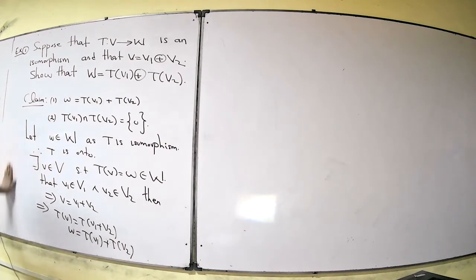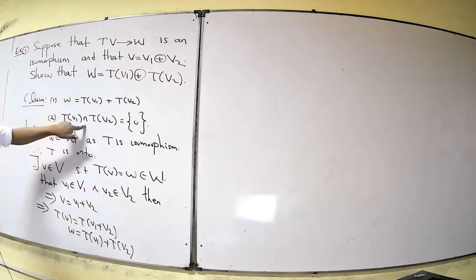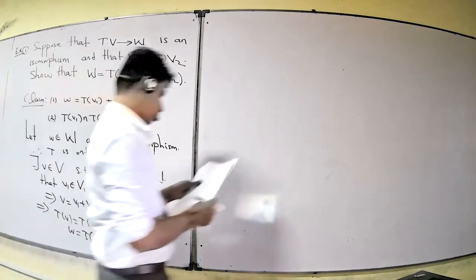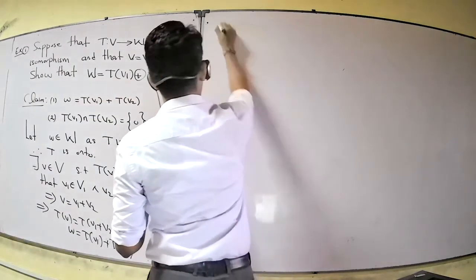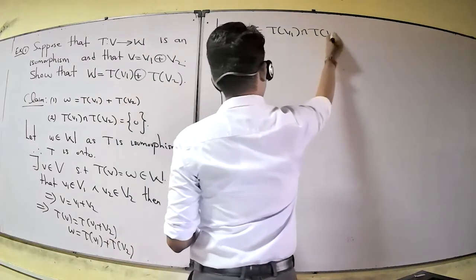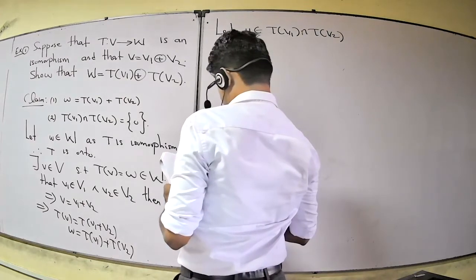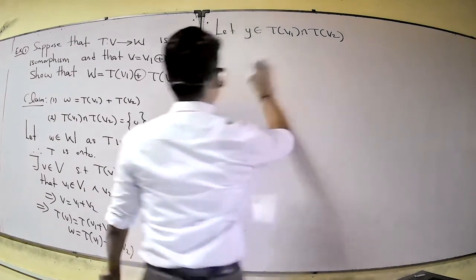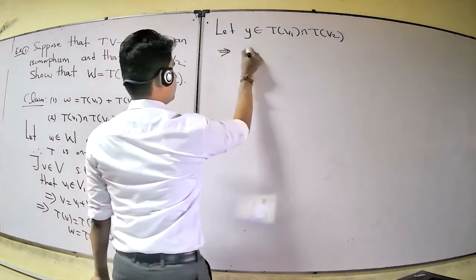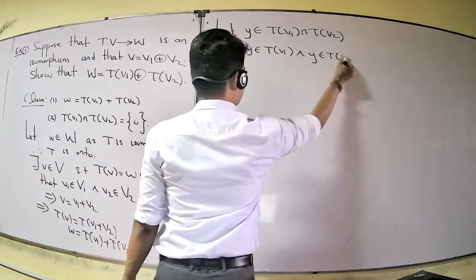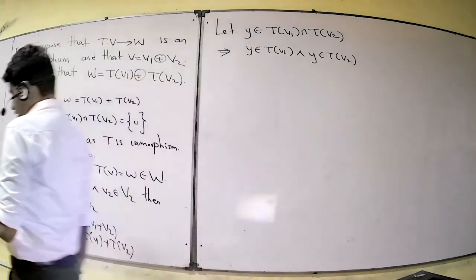Now we move to the second claim. In the second claim, we want to show that the intersection of T of V1 and T of V2 is the singleton 0. Okay, therefore let you take y belonging to T of V1 intersection T of V2. Therefore this implies y belongs to T of V1 and y belongs to T of V2.